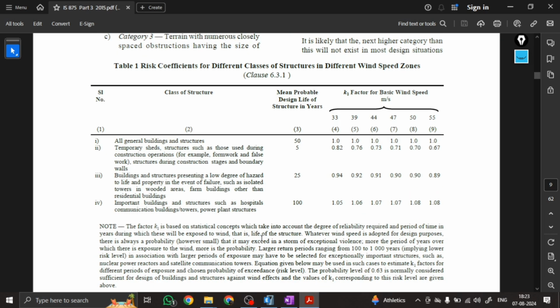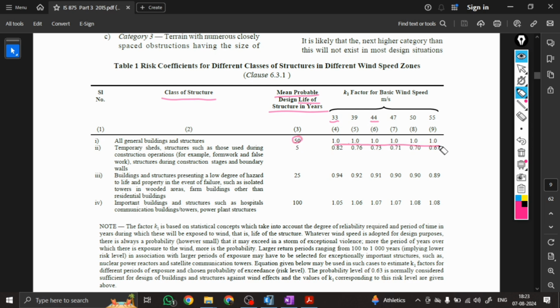In Table 1, as per the class of structure and mean probable design life of structure, according to basic wind, we will get the K1 factor. Now for all general buildings and structures, our design life is 50 years, and for all it has only one value, 1.0, 1.0, 1.0.